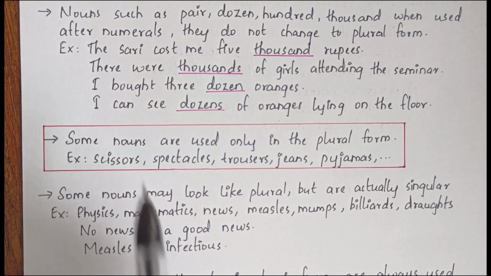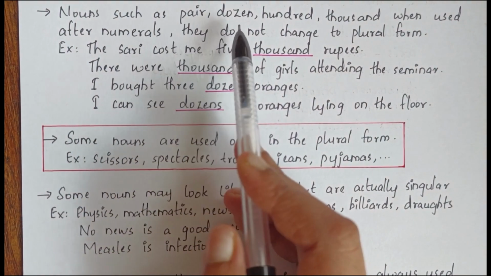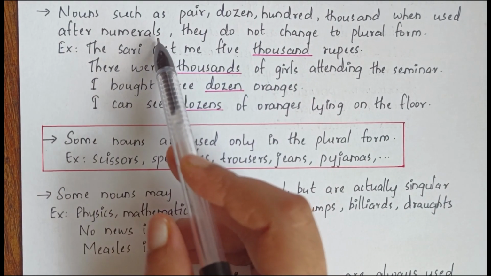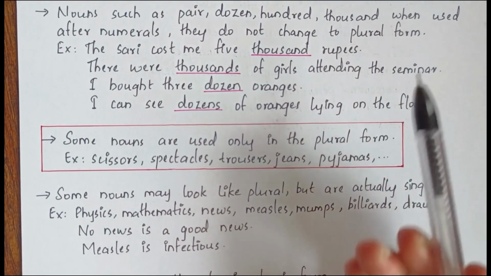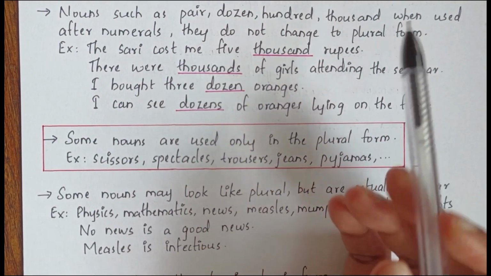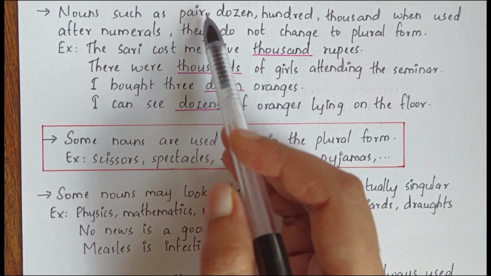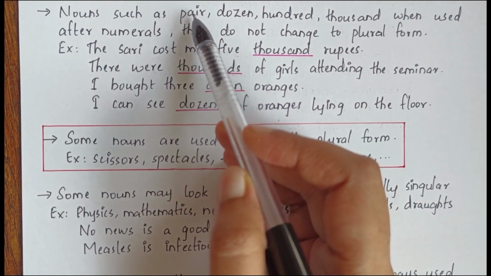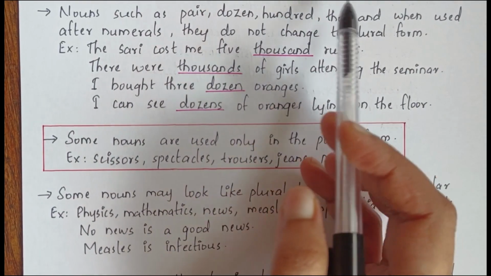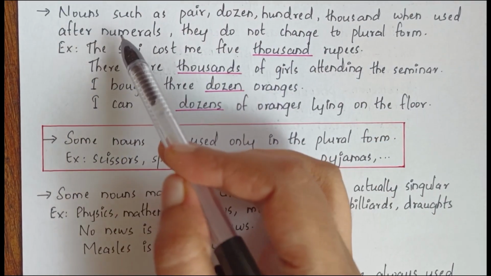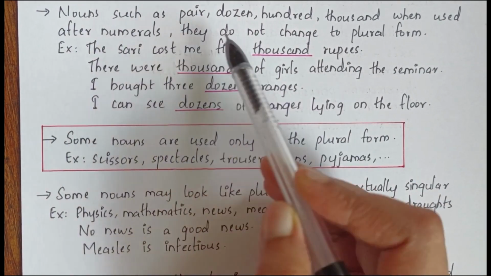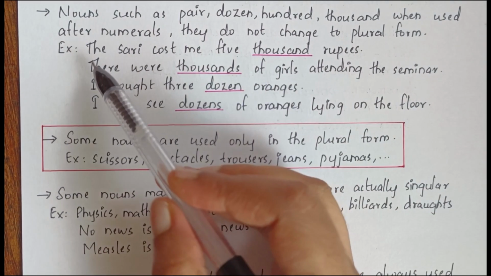The next case is nouns such as pair, dozen, hundred, thousand, when used after numerals, they do not change to plural form. That means the plural forms are obtained just by adding s: pairs, dozens, hundreds, thousands. But when these words are used after a numeral, meaning numbers like 1, 2, 3, they do not change to plural form.